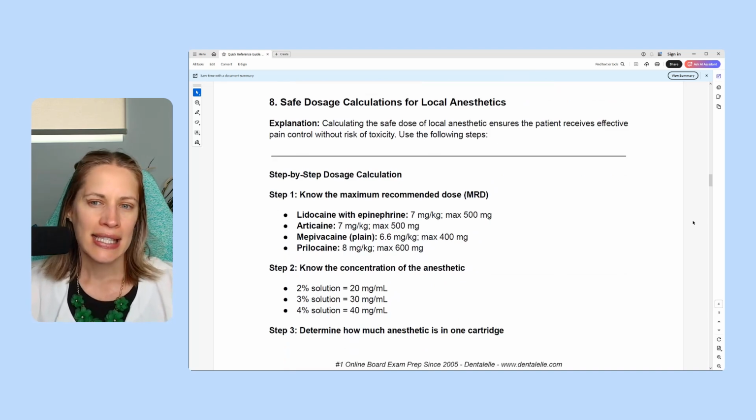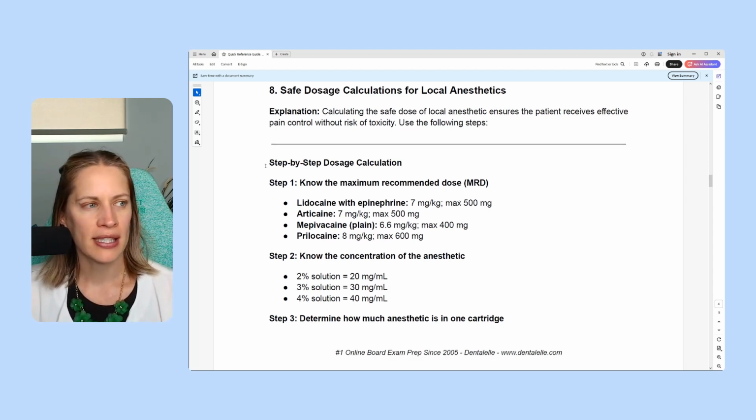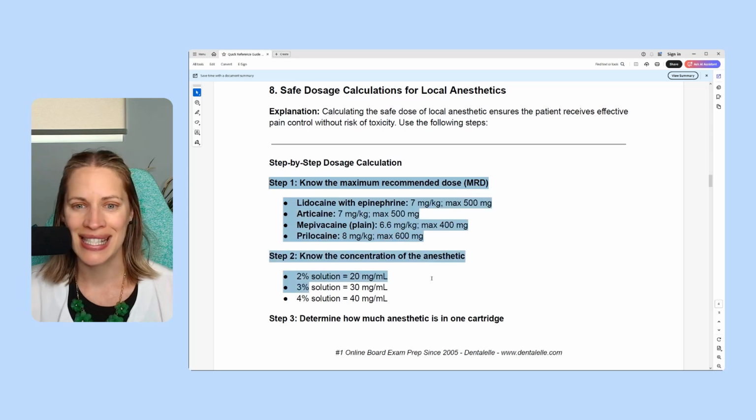Now, safe dosage calculation. How would you do the dosage for this? This is checking to make sure, based on your patient's weight, that you're giving them the appropriate amount of anesthetic, not too much, but also not too little, where it's not going to do anything. Here are just some examples for you guys. Feel free to check that out in the study guide.